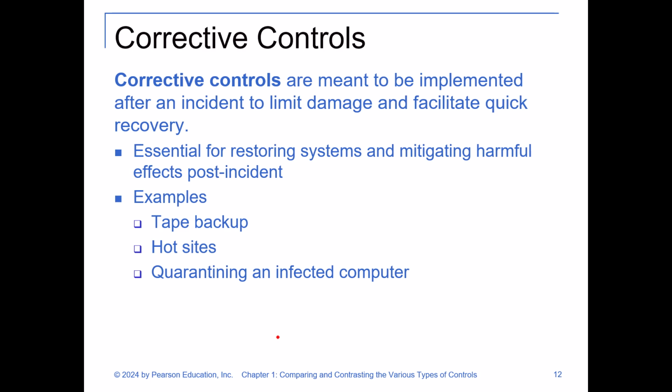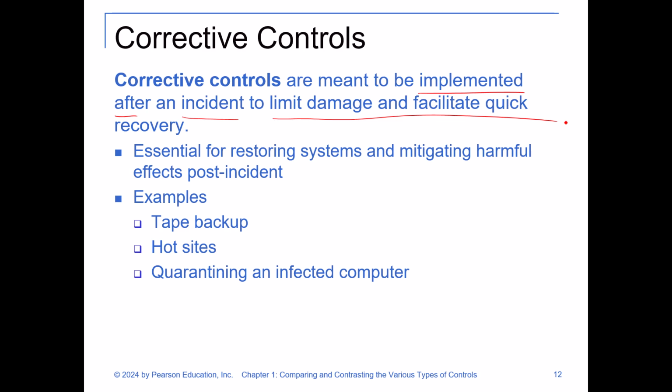Then we have corrective controls. They're meant to be implemented after an incident to limit damage and facilitate quicker recovery. Essential backups. That's a good one. So if something does happen, do we have a backup? Are we able to recover? Maybe a hot site.